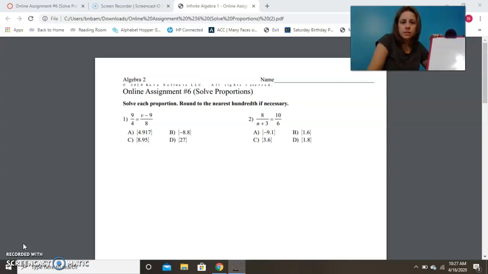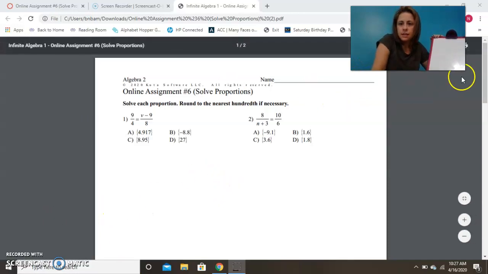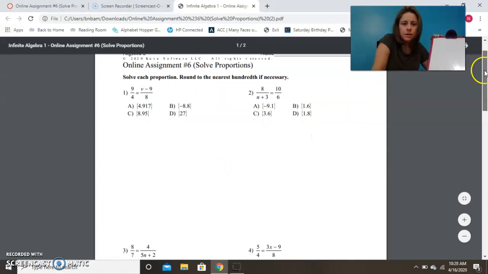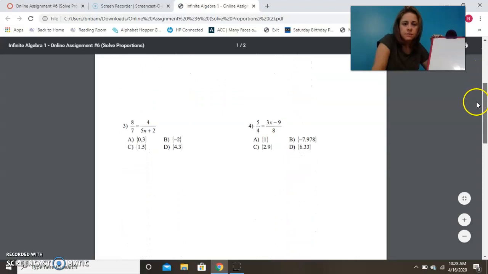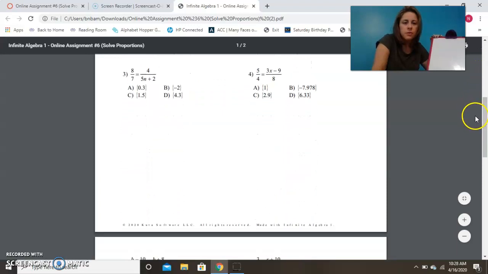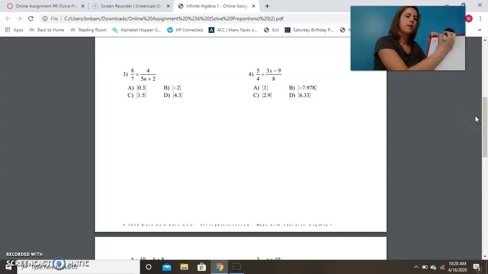Number 3 is what we're moving to next. If I can get my screen to cooperate. Okay, so number 3, we have 8 over 7 is equal to 4 over 5n plus 2.